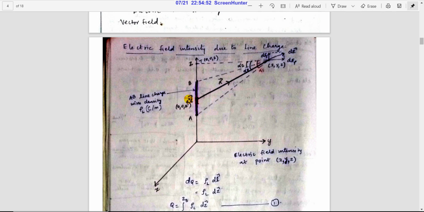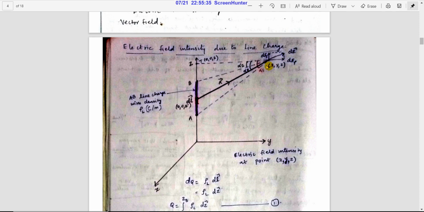Since the charge is distributed along the Z axis, we are going to find the electric field intensity with the help of the cylindrical coordinate system. If you assume a cylinder over this charge distribution, then the electric field intensity is found along this R line, because this is the vector line which connects our charge distribution to the point P.